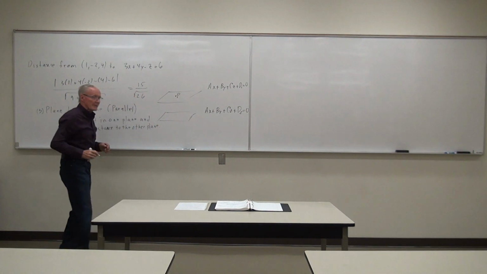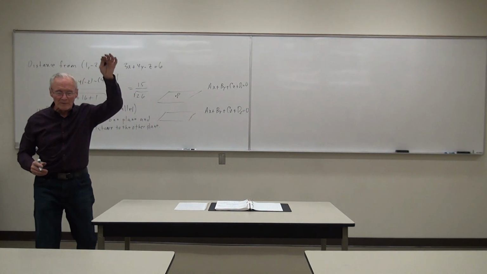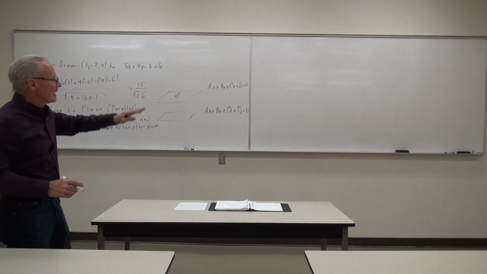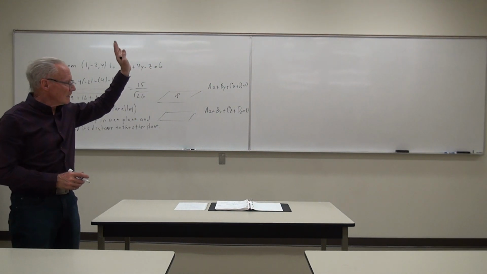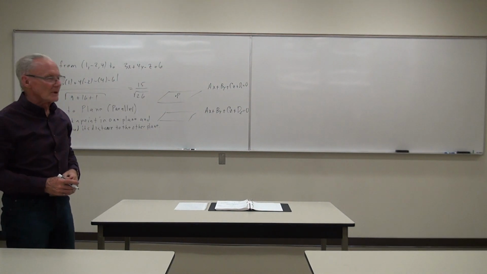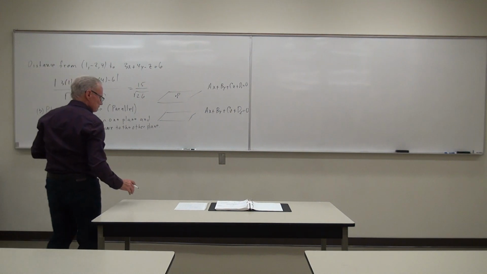So there's really not a heck of a lot that's new here. Just pick a point on one plane, find the distance to the other plane, and use the formula we developed over at the far mark. So plane to plane parallel, not a problem.